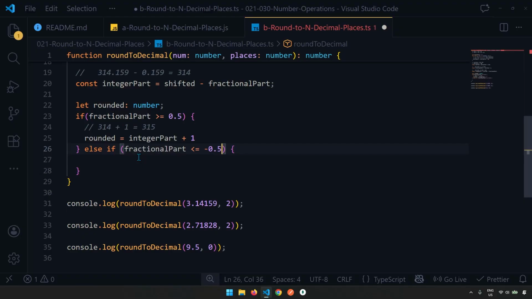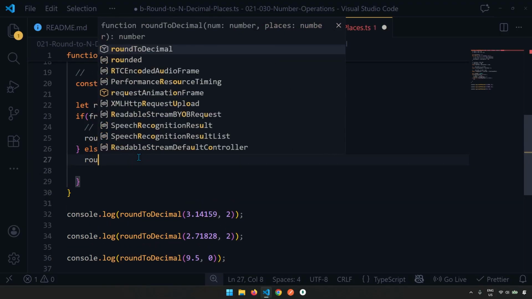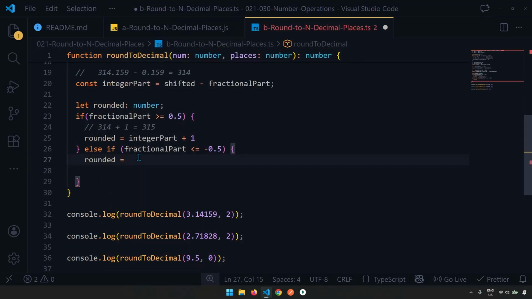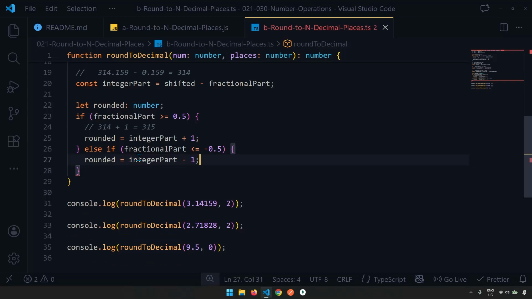Then if it is this, we reduce 1 from it. So rounded is going to be integer part minus 1. Now this is for negative numbers. Since we don't have any negative numbers, I'm still going to put this here. You could add a negative number and this would work, but this is for negative numbers and we're going to reduce it by 1.